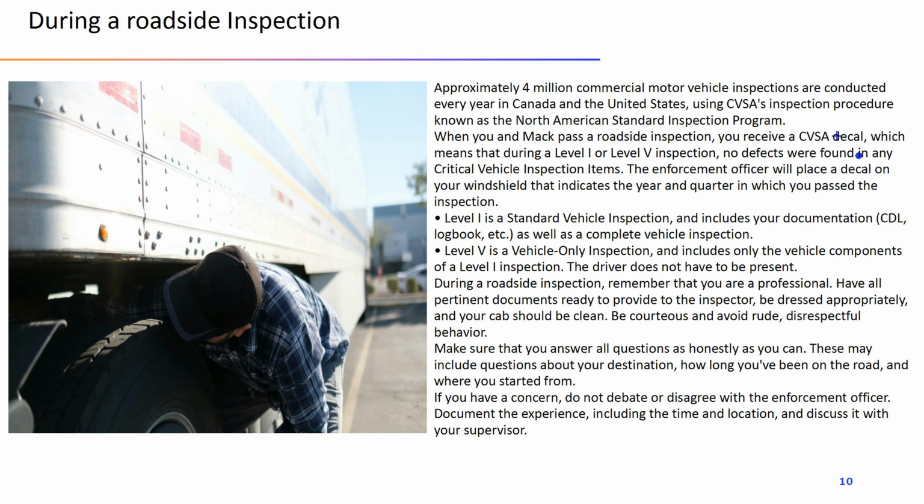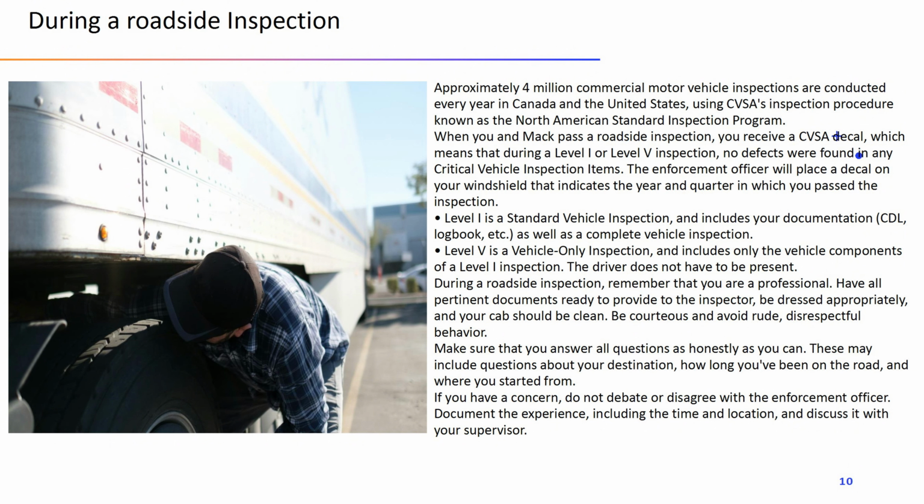During a roadside inspection, approximately 4 million commercial motor vehicle inspections are conducted every year in Canada and the United States using CVSA's inspection procedure known as the North American Standard Inspection Program. When you and your Mac pass a roadside inspection, you receive a CVSA decal, which means that during a Level 1 or Level 5 inspection, no defects were found in any critical vehicle inspection items.